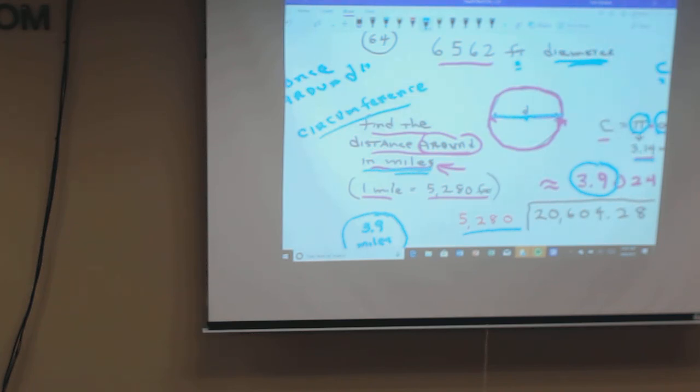Let's see. Yeah, because if the diameter is 6,562 and a mile is 5,280, then that means it's bigger than a square mile. They took a square mile and went outside the square mile. They might have intersected through the corners, but they went outside the square. That's bigger than a square mile. Someone built a circle. You don't care.